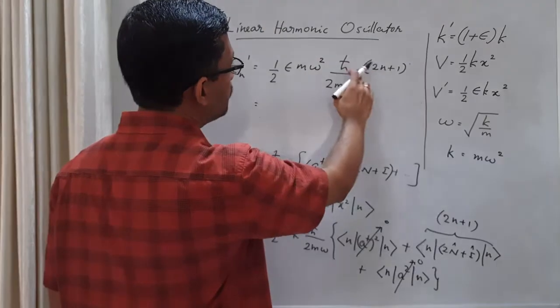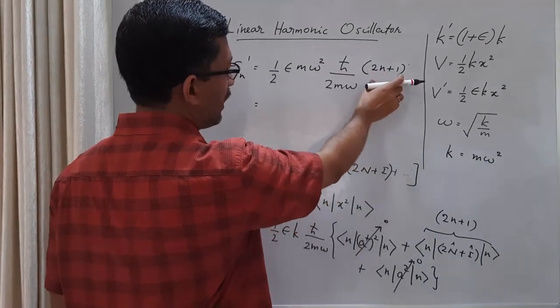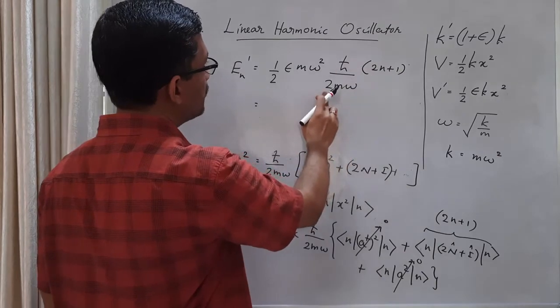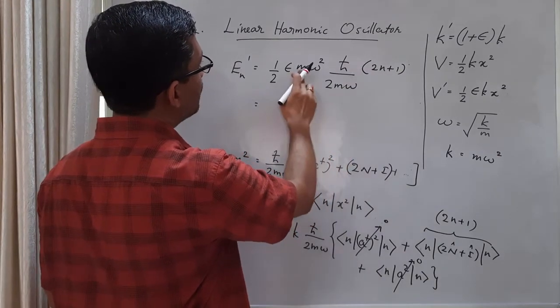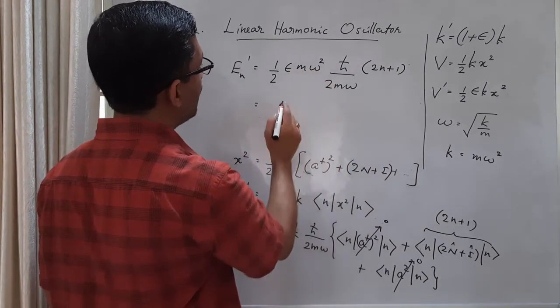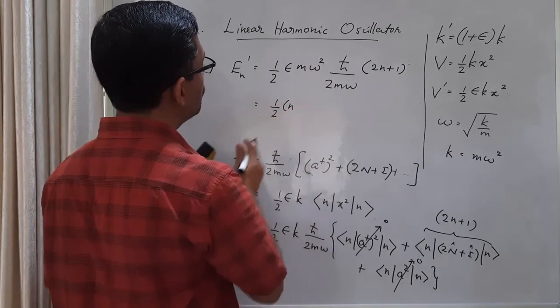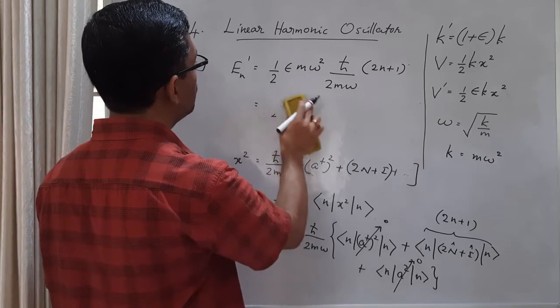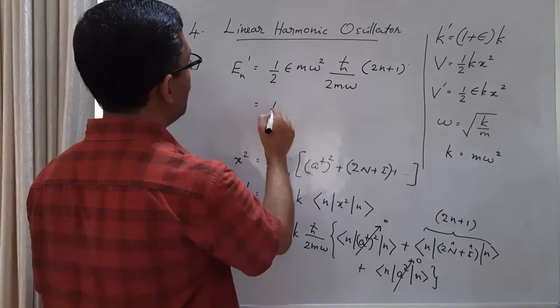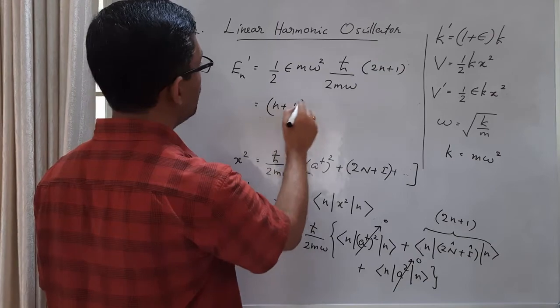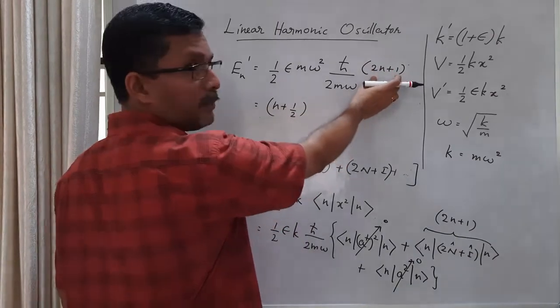So what you get is, if you take 2 outside, n plus half in the bracket. So this 2 and 1, 2 will cancel, m will cancel, 1 omega will cancel. The remaining things will be half into n plus half, okay, in this bracket if you take 2 outside you have n plus half.